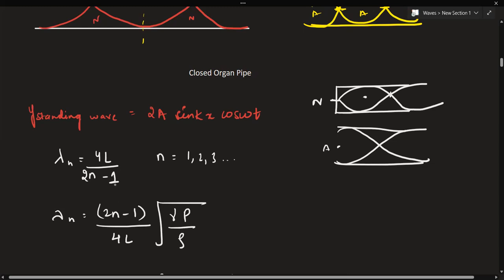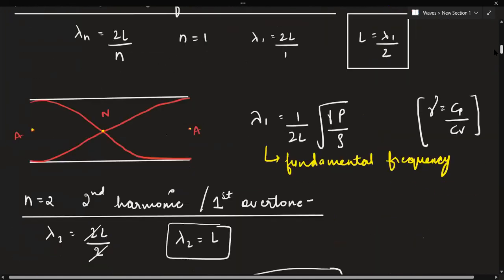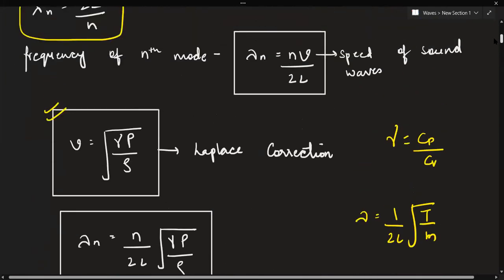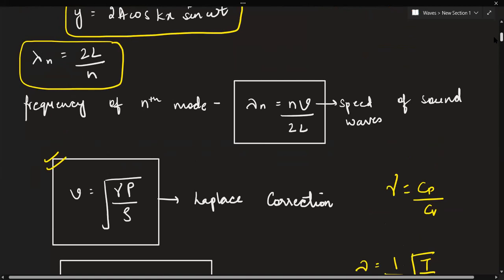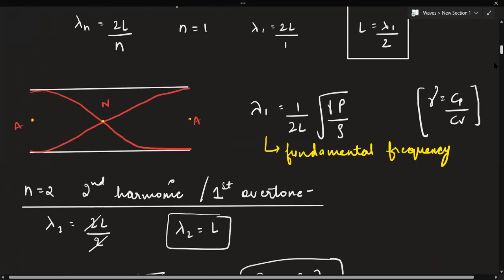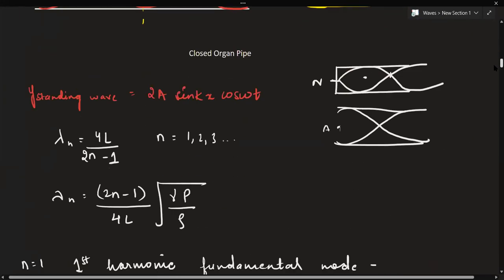The formula for the wavelength says 4L divided by 2n minus 1, where n is equal to 1, 2, 3, 4, and so on. Whereas in the open pipe, the wavelength was given simply by 2L divided by n. In case of closed organ pipe, it is 4L divided by 2n minus 1.